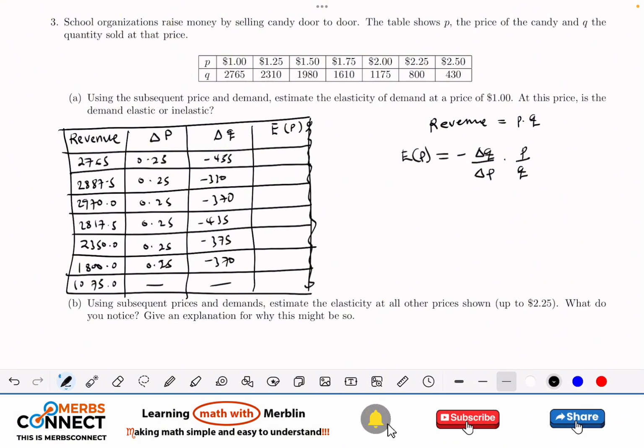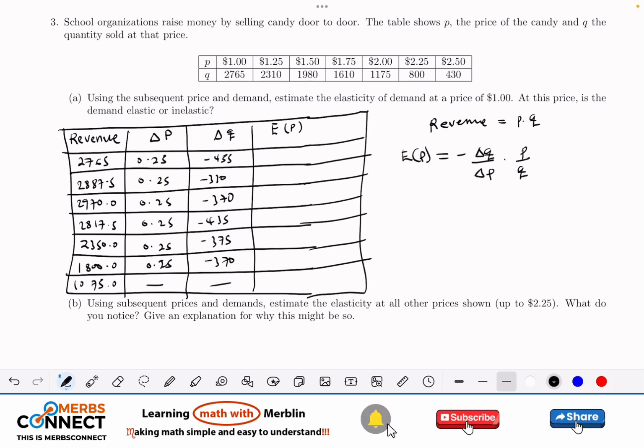So let me try and clean this one out. Let me extend the line a little, because this one will come with decimals. Good. So the first one, what was the price? The price is $1.